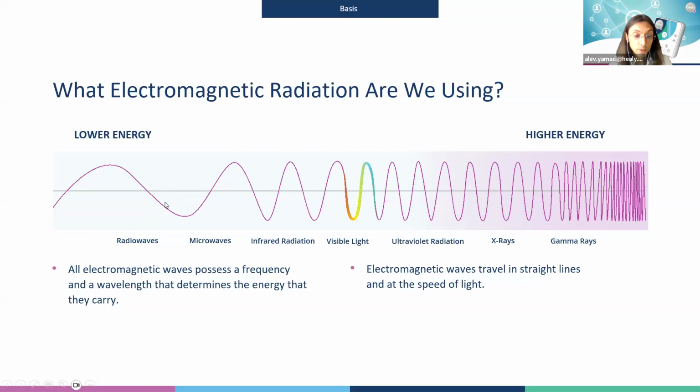And we are in the lower spectrum. So there is not so much energy in those waves, and that's why they are also not harmful. So MagHealy is a very safe device if you look at the magnetic field. That's very, very positive.